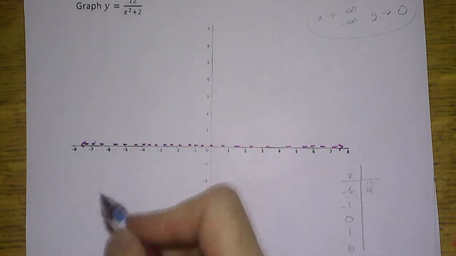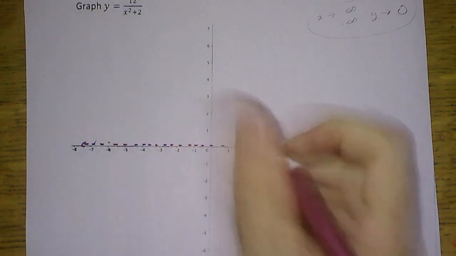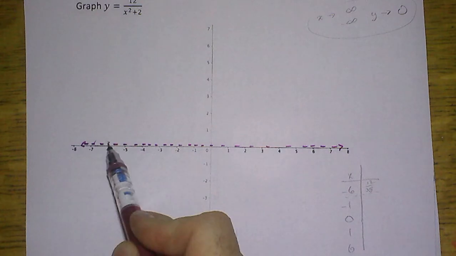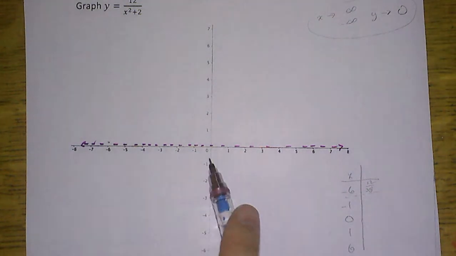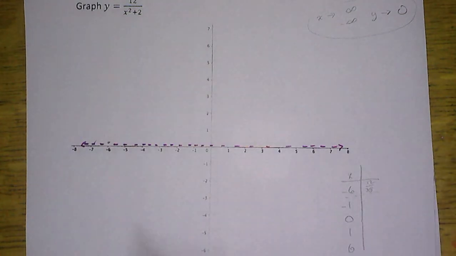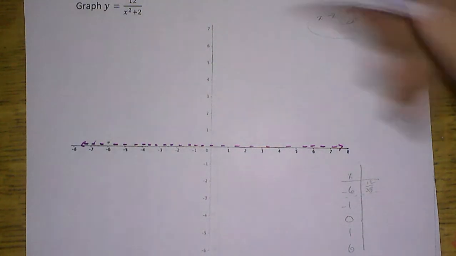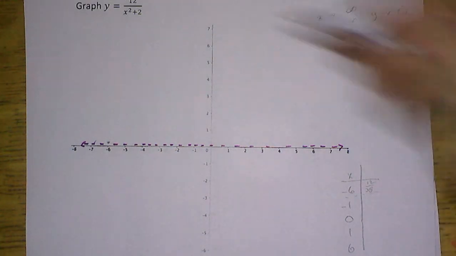So let me put that y value in. For negative 6, 12 divided by 38 is like 1/3, which is much less than 1. And that is going here. As x gets infinitely large negative, we will have a very small y value, a y value that's very close to 0. Hey, I got 1 point. Now, if I put in x is equal to negative 1, I have 12 in the top, and negative 1 squared is 1. So basically this will simplify.